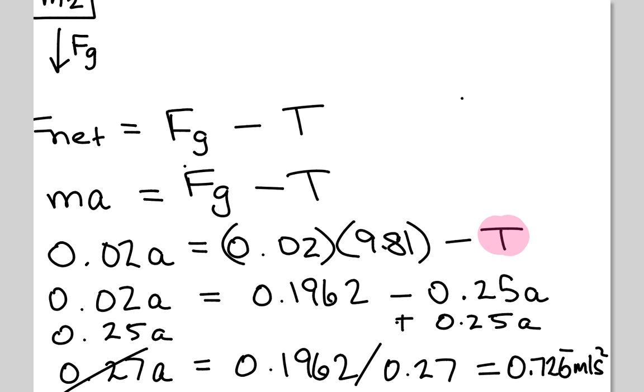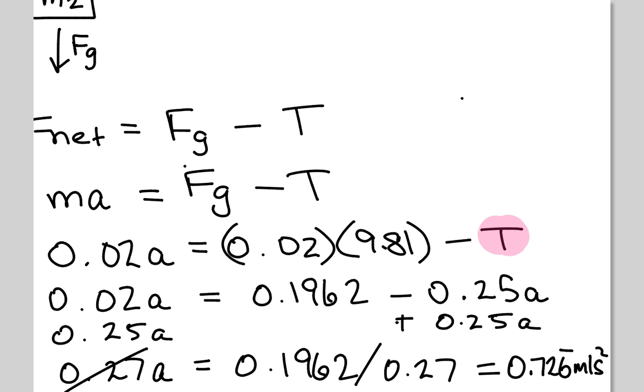What can we do now that we have the acceleration? Substitute the value for A back into the system to get the value for T. Do we have a nice formula for T? Yeah, from the first body. It tells you exactly that tension is m1 times a.